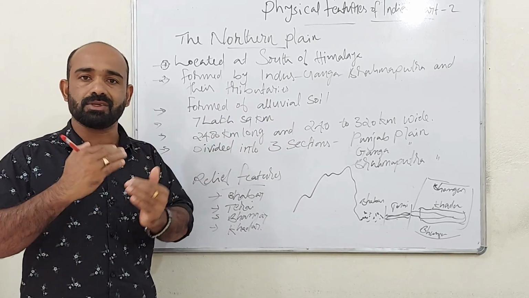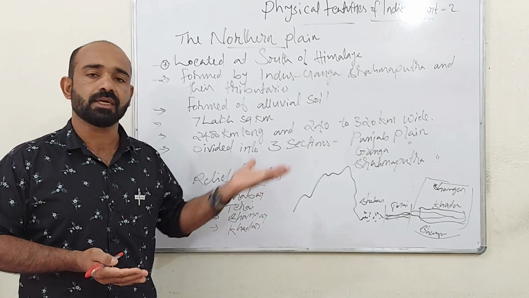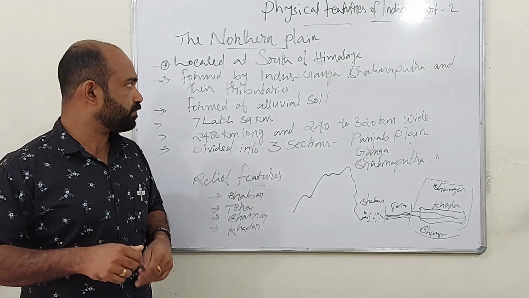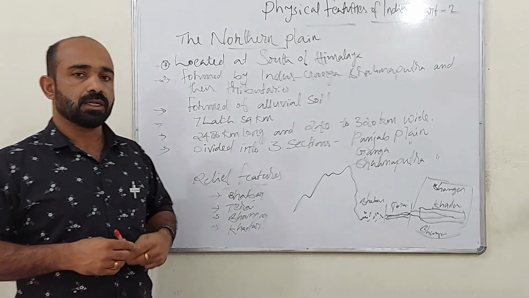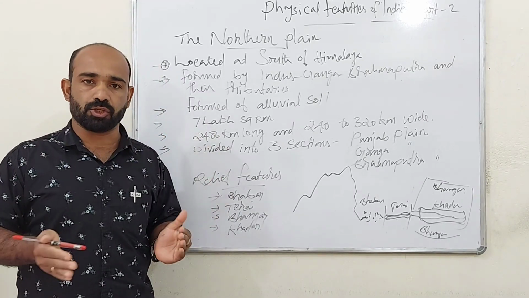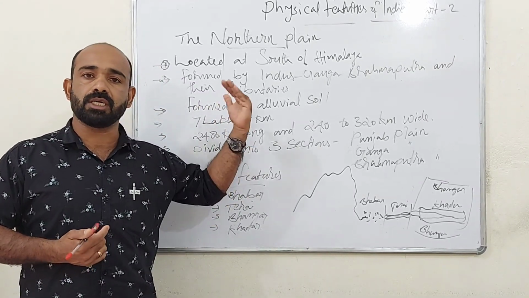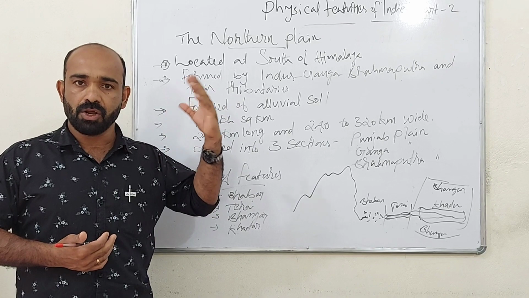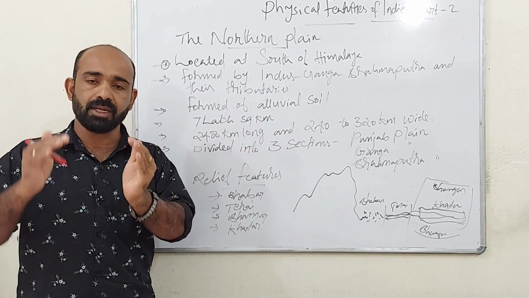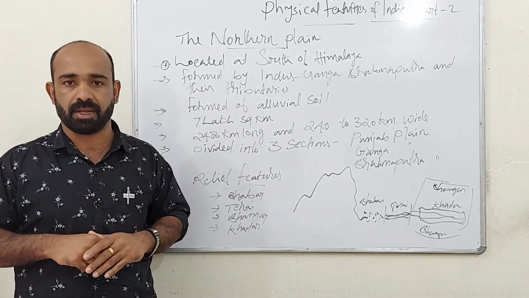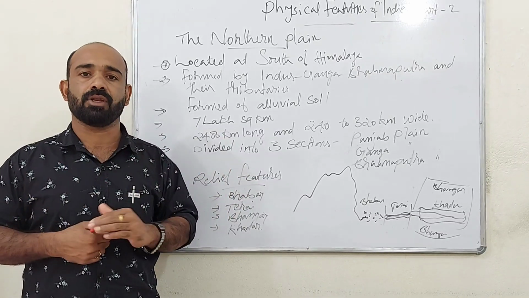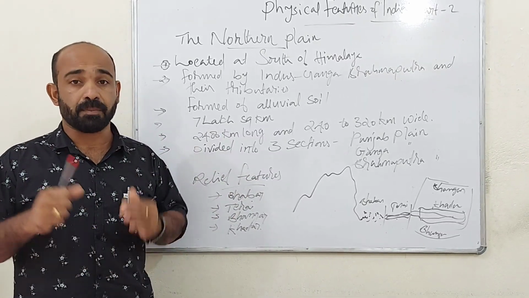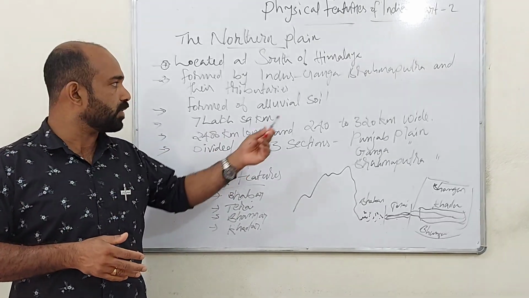Because of continuous sediment deposition for millions of years, the Great Northern Plain of India formed. This area is fully alluvial soil because the rivers which originate in the Himalayan mountain used to bring sediment, and the sediment deposited in this area, and gradually this area changed into a plain filled with alluvial soil.